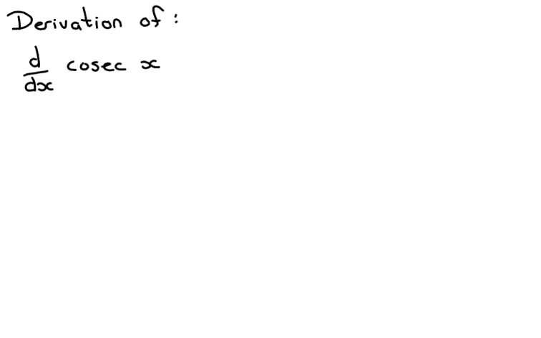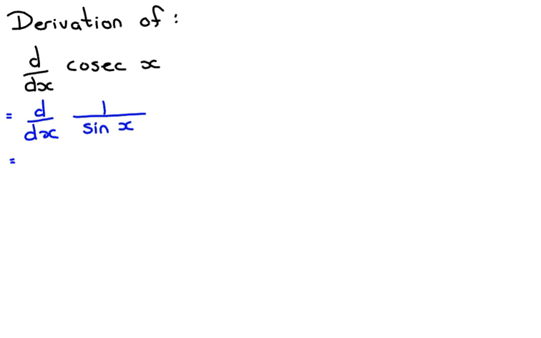Let's now have a look at the derivative of cosec x. Firstly, I'm going to rewrite it in terms of sine. We know that cosec x is 1 over sine x. And again, I'm going to use the quotient rule.